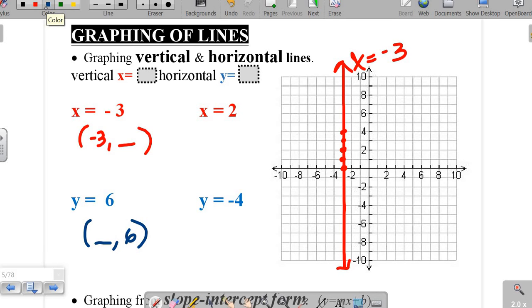Y equals 6 is all numbers where there's something, 6. So 0, 6, 1, 6, 2, 6, 3, 6. So you can see that that is a horizontal line.